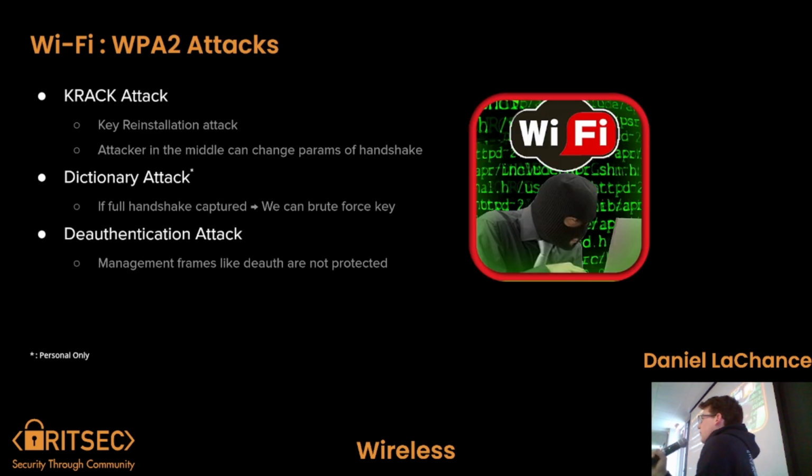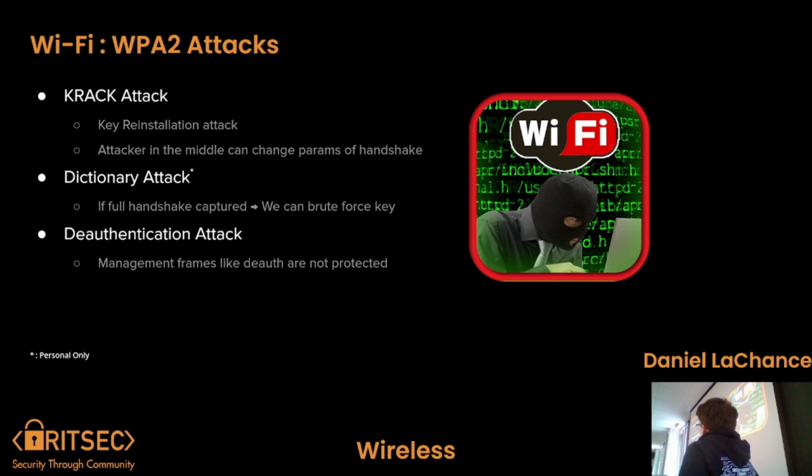Okay, so there's dictionary attacks, deauthentication attacks, and the KRACK attack, which is key reinstallation. Basically, that just means that you change the parameters of the handshake, and then the attacker now has the key, and you don't as the endpoint.